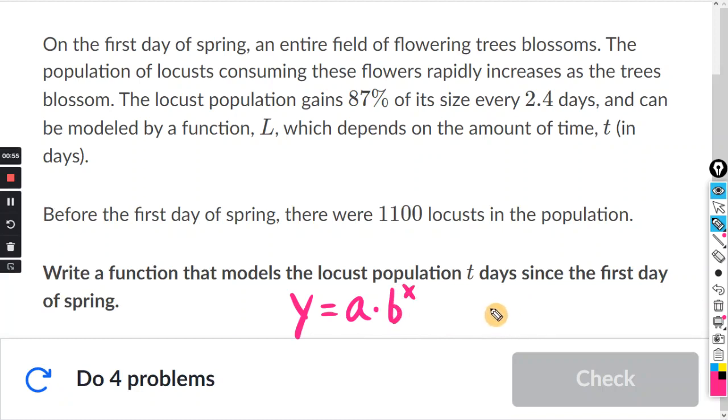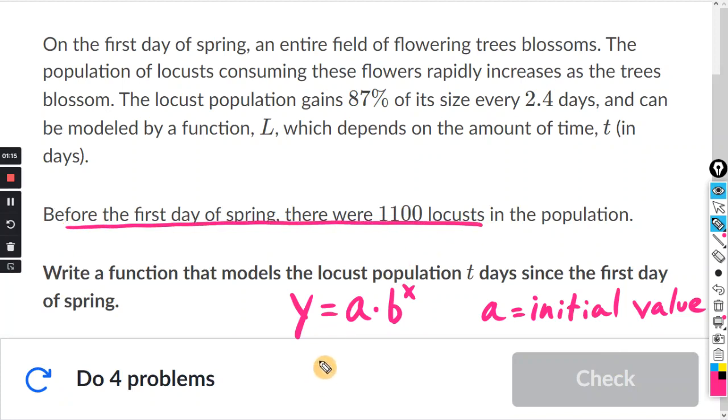And a is going to be the initial value. It's basically the starting point or the starting number. So it says before the first day of spring, there were 1,100 locusts. So we're going to start with y equals 1,100. That's going to be the initial value.